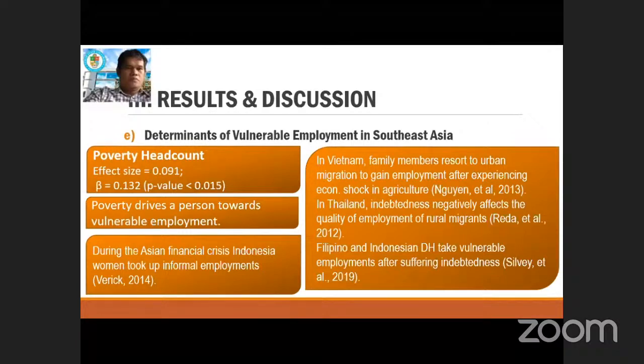A study in Thailand echoed similar findings, showing that indebtedness and economic shock negatively affect the quality of employment of rural migrants. Similarly, the levels of indebtedness prior to migration engender Filipino and Indonesian domestic helpers to take precarious employments overseas that offer limited term employments and limited labor rights.